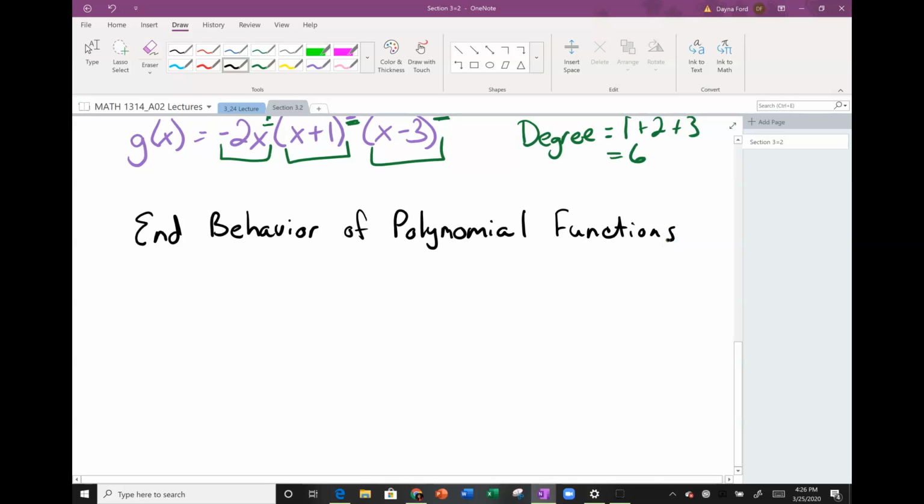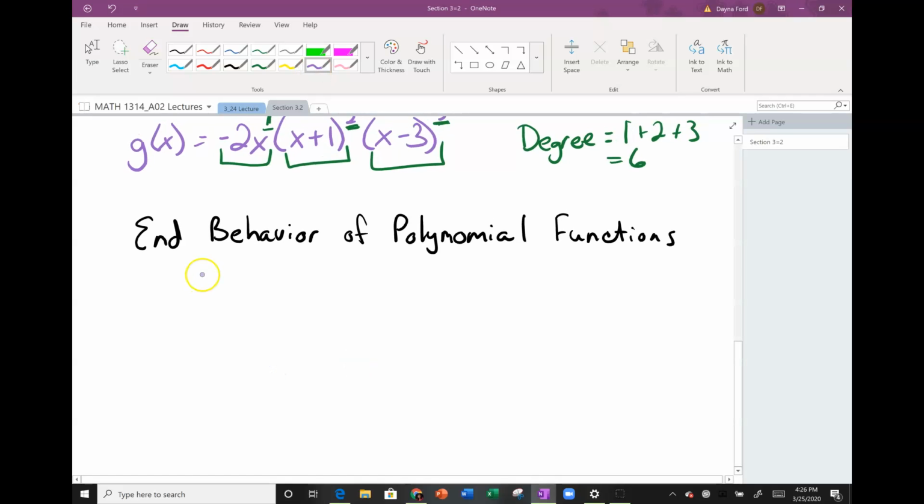So think about those where we had maybe f of x is equal to negative 3x squared plus 2x minus 1. We looked at these back in chapter 2 as well as in chapter 3 in section 3.1.